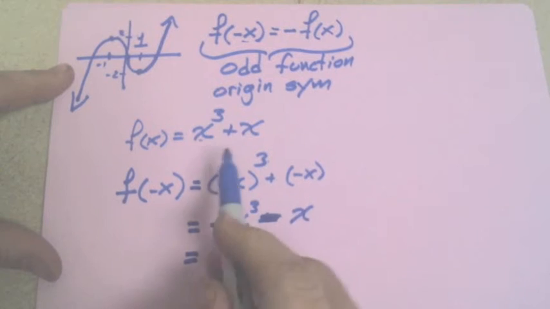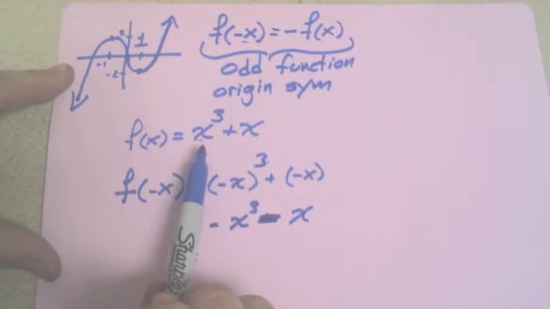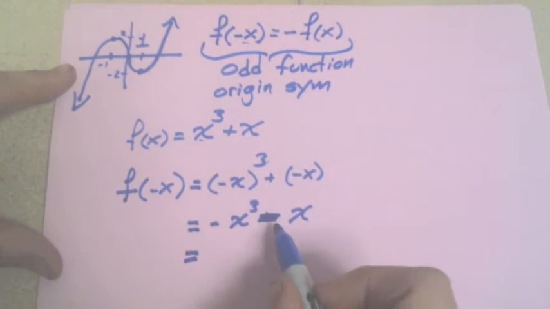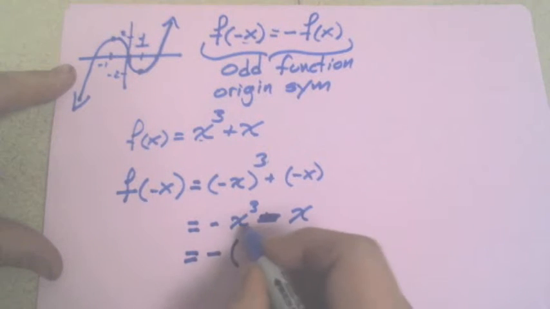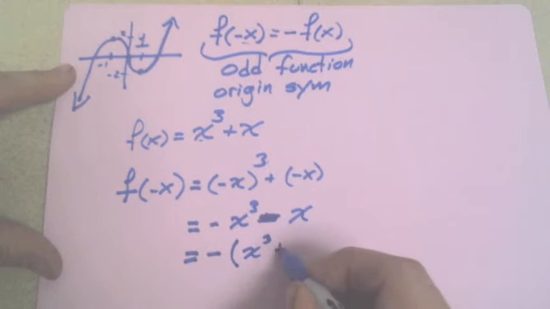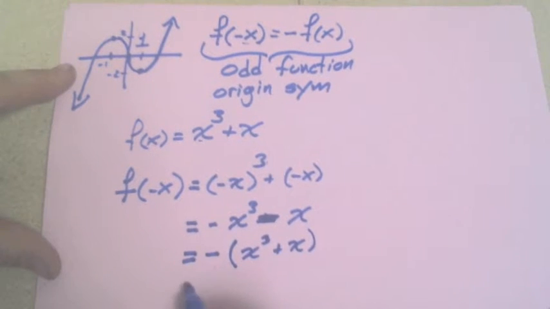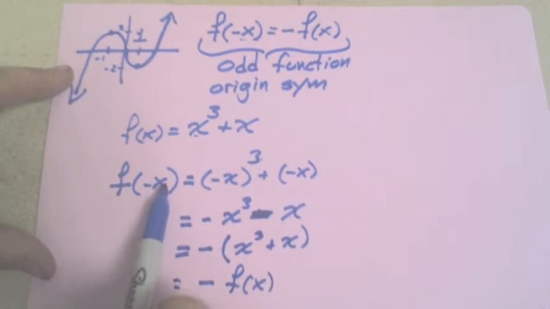Now this is not the original function that we started with, so it certainly isn't an even function. But we can factor out that negative, and that will turn this into x to the third plus x. And notice this is the opposite of our original function. So f of negative x turned into the opposite of f of x.